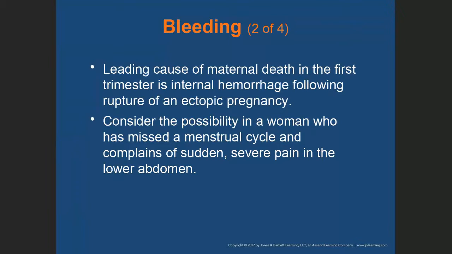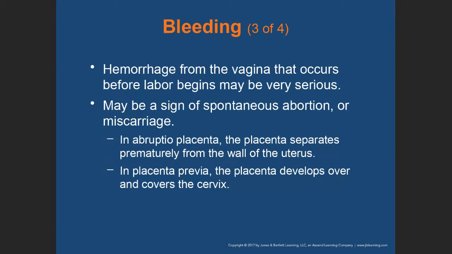The leading cause of maternal death in the first trimester is internal hemorrhage following a rupture of an ectopic pregnancy. So the ectopic pregnancy is very common in the first trimesters. Consider the possibility in a woman who has missed a menstrual cycle and suddenly starts to complain of acute severe pain in the lower abdomen.